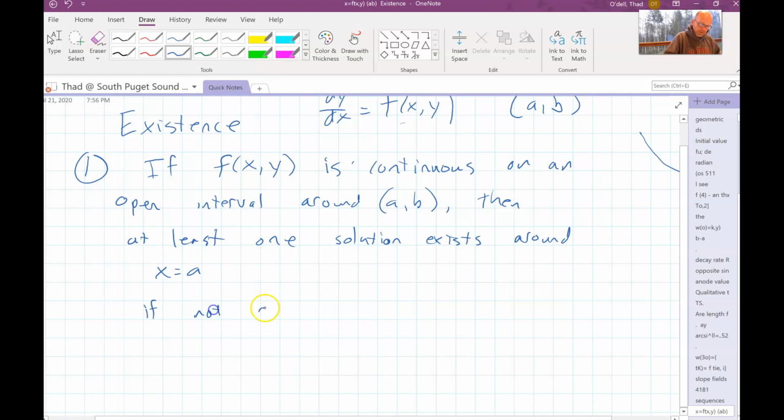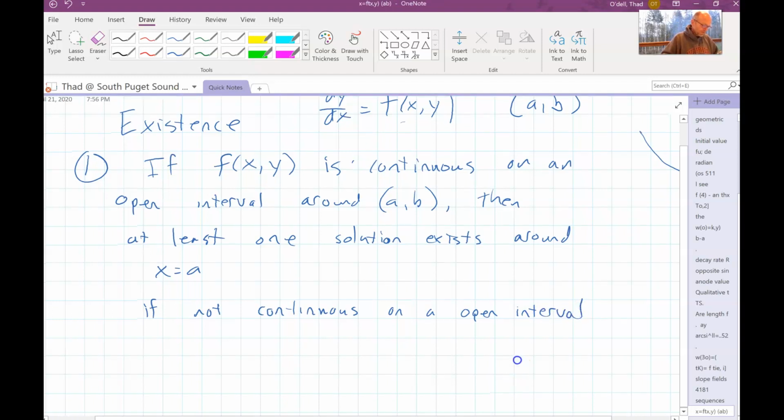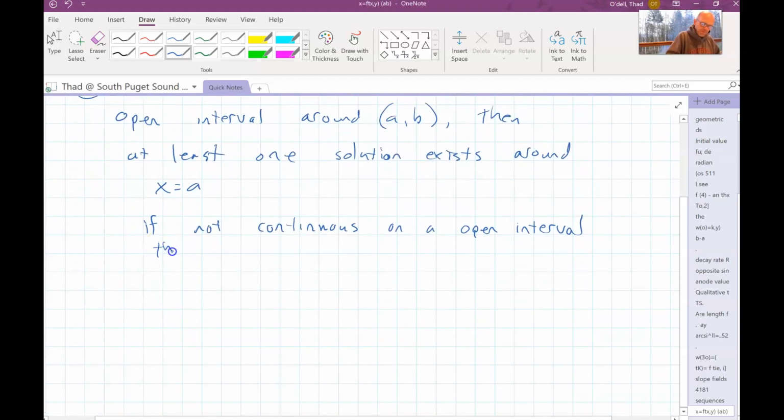If it is not continuous on an open interval, then there's no guarantee.